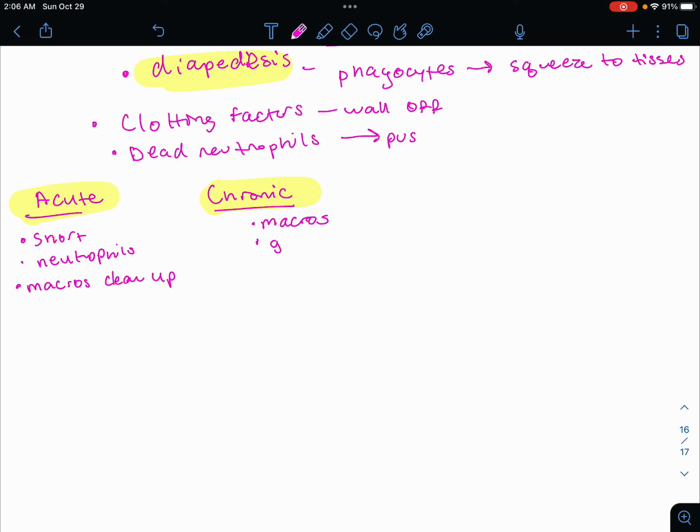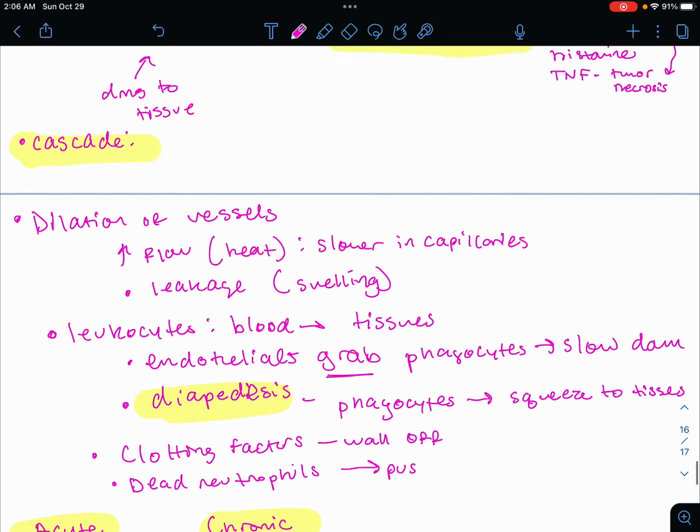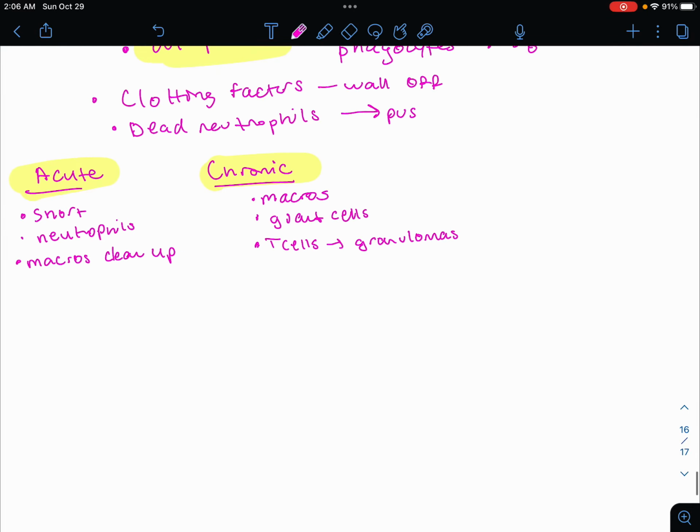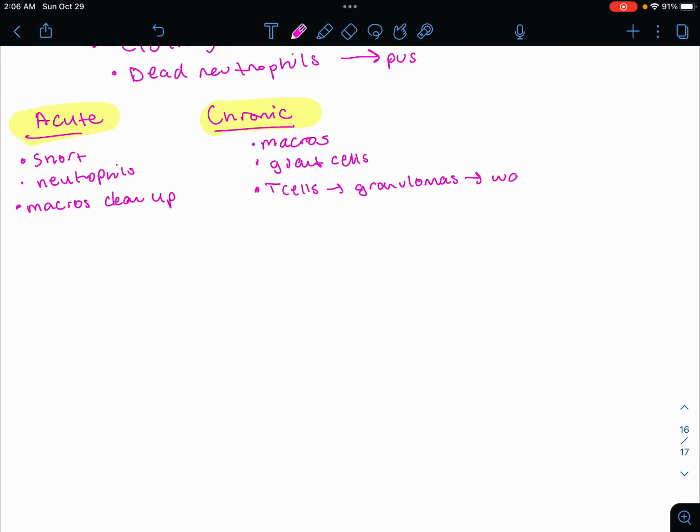The giant cells also form. Remember, when the pathogen can't be removed, we're just going to make more powerful macrophages. We're going to make the giant cells, and then the T cells, of course, are going to make the granules. And then once we get to those granulomas, we're going to wall off the invader. Granuloma, that was another vocab term we've seen recently.